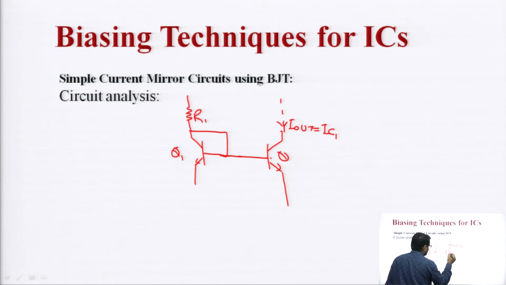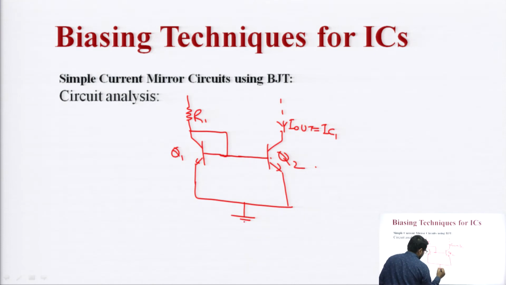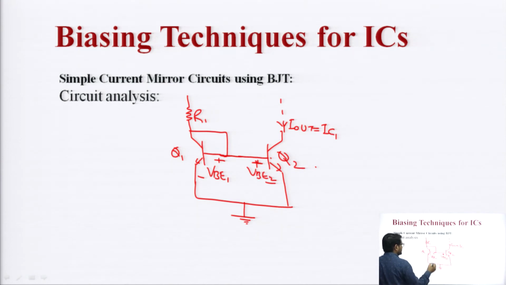This is the base to emitter voltage for Q1, and this is the base emitter voltage for transistor Q2.